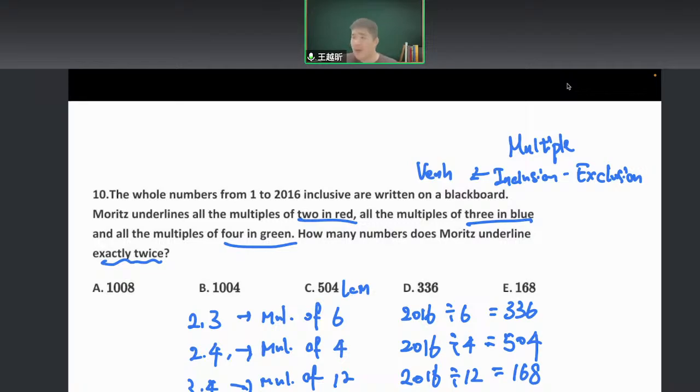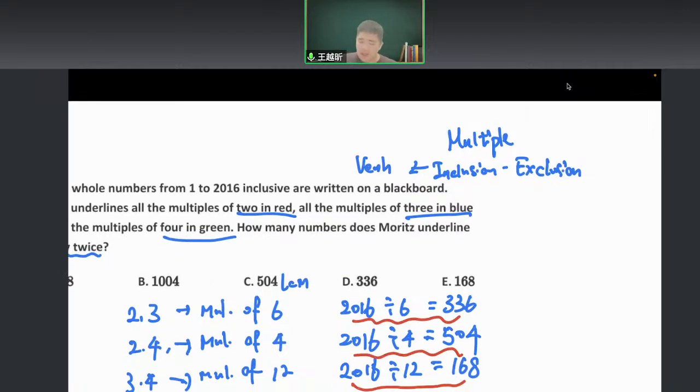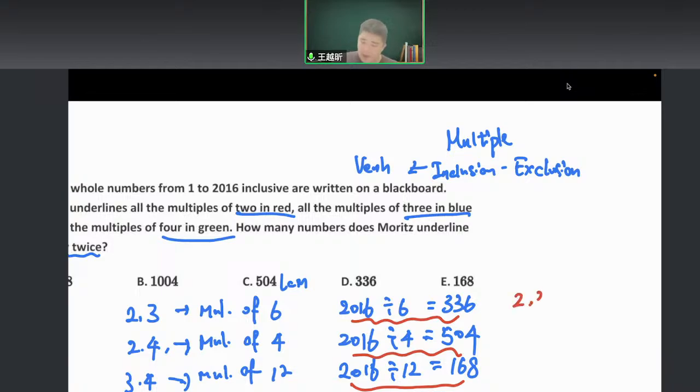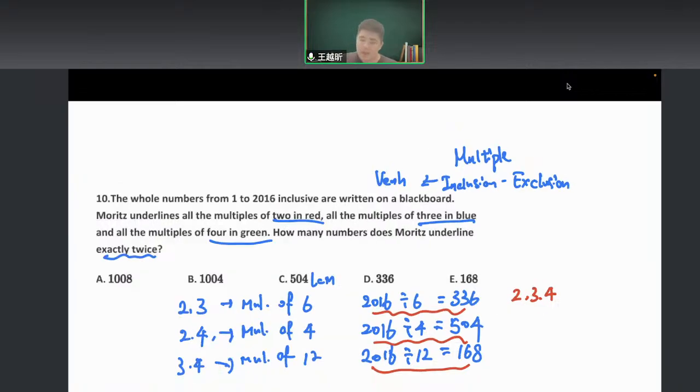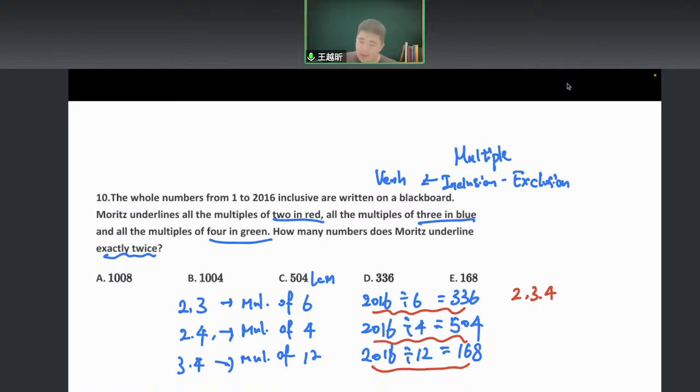Now, we have calculated how many numbers we have underlined twice. But when we count this, we are also counting the numbers that we underline 3 times. So we need to exclude these numbers. So we try to find the numbers that we count 3 times.